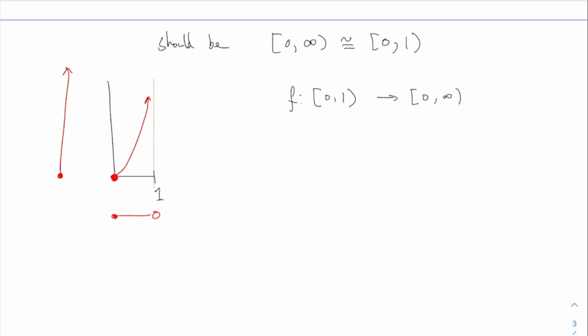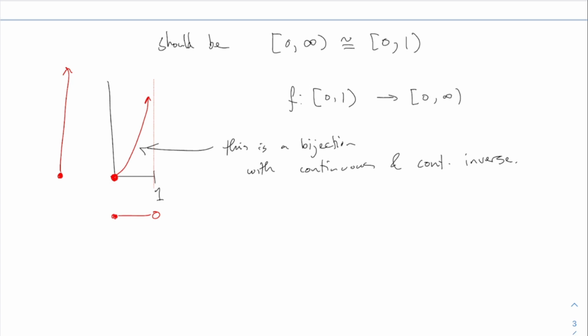And the answer is yes. Eventually it hits any real number here. So this is that one that I drew there. This is a bijection with continuous and continuous inverse.